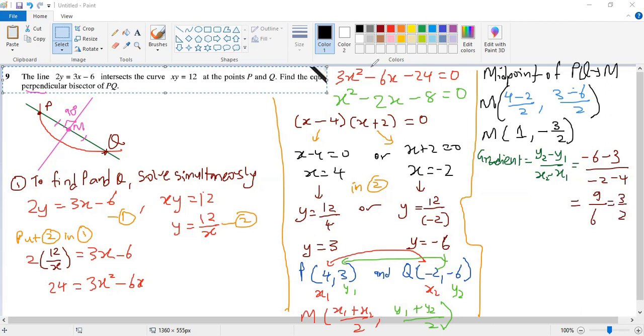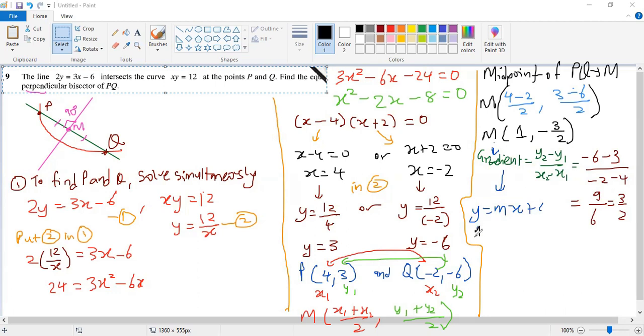Now we know all that, we're ready for the equation of the line. These are the points and gradient that relate to PQ. So y equals mx plus c. Let's substitute to find the value of c.